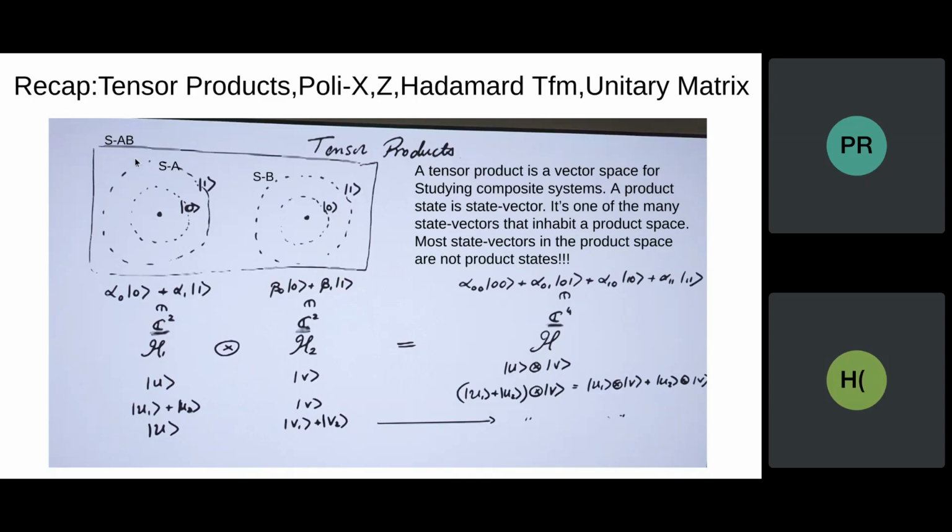So in this case, we can say a qubit 1, which is representing system A, can be shown as a linear combination, with coefficients, of the basis states or product states. So the state alpha 0 ket 0 plus alpha 1 ket 1 is the one which belongs to Hilbert space.